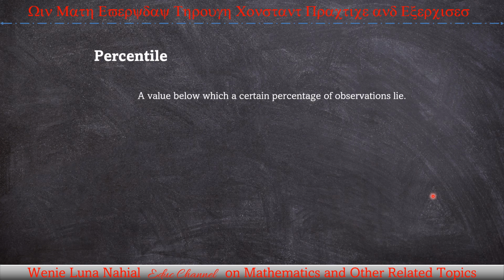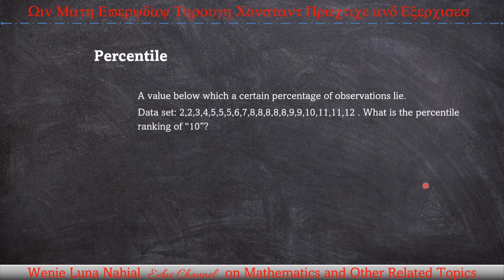Percentile: a value below which a certain percentage of observations lie. So we have here a data set. How many numbers do we have here? 1, 2, 3, 4, 5, 6, 7, 8, 9, 10, 11, 12, 13, 14, 15, 16, 17, 18, 19, 20. Now, what is the percentile ranking of 10?